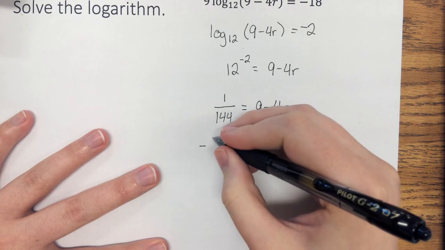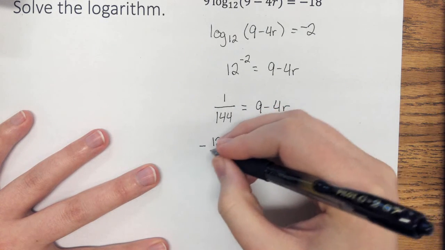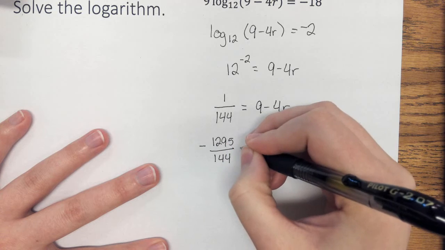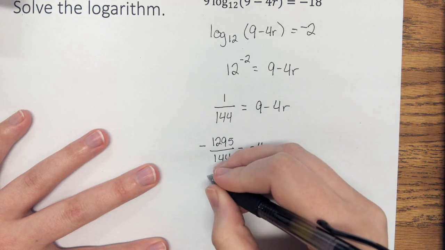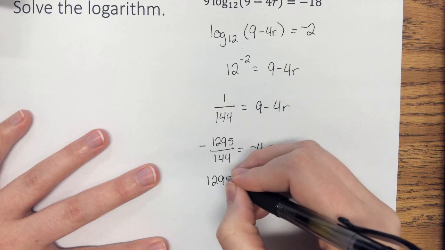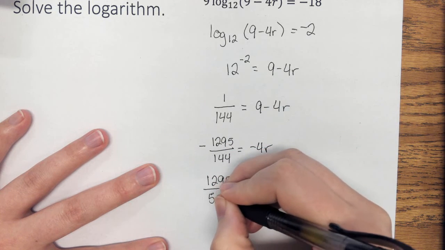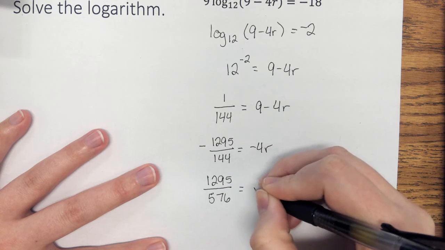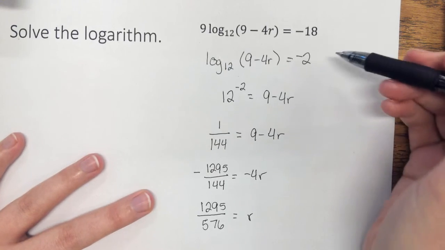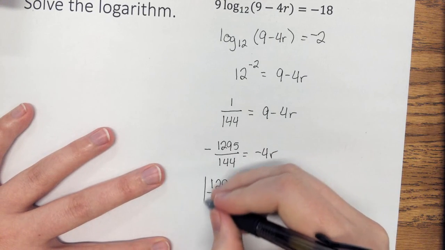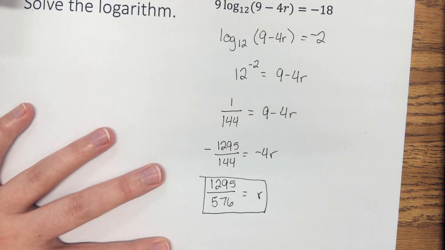You should get negative 1,295 over 144. And then divide by -4 for a final answer of 1,295 over 576. Now again, you need to check that, so use your calculator, plug this back in for r, but again, you should find that it works.